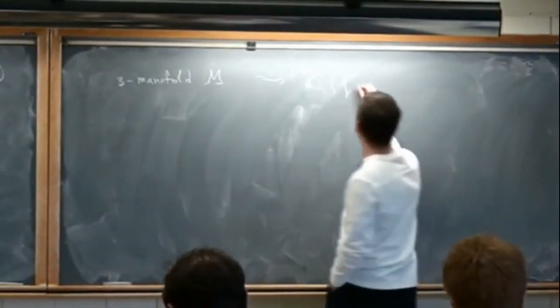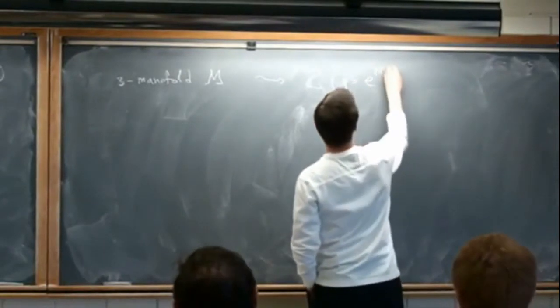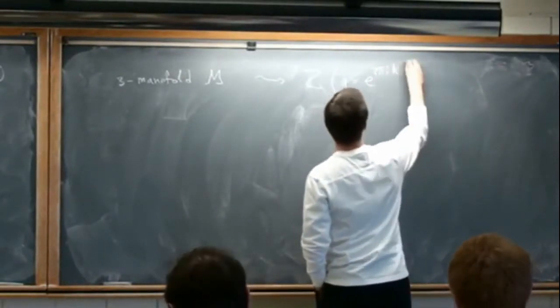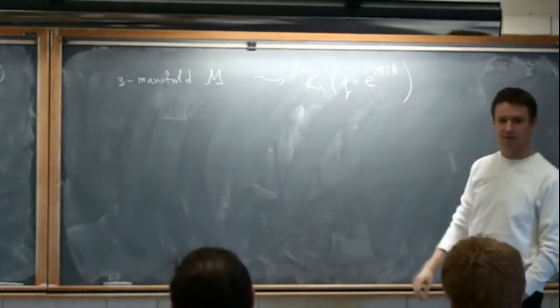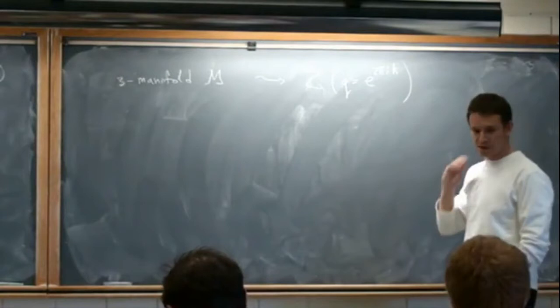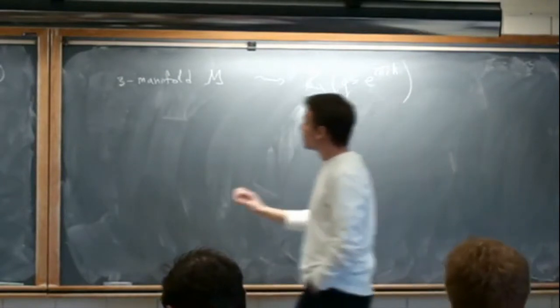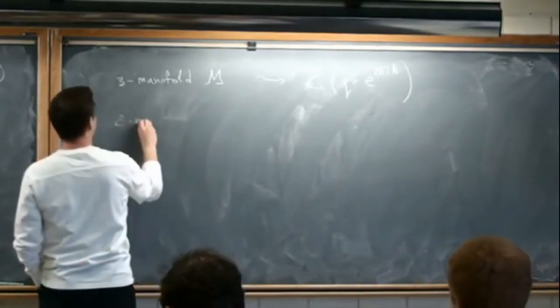They're closely related. In fact, q is the exponential of 2 pi i times h bar. And of course, it depends on the choice of the three-manifold and possibly additional data, which I'm suppressing in this notation.